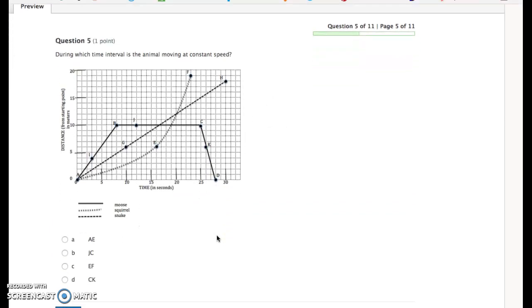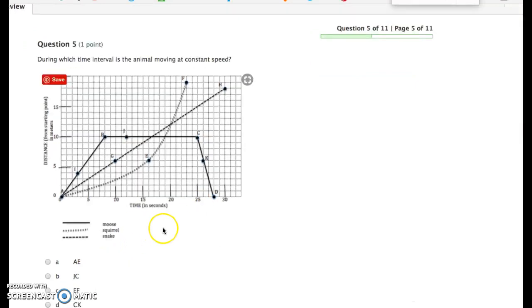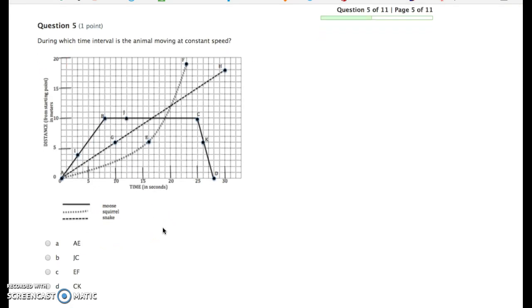During which time interval is the animal moving at constant speed? Well, let's look at each one. Segment AE is right here, so it shows starting off slowly and then speeding up. So AE looks like the best choice, but let's just check out the other ones as well.